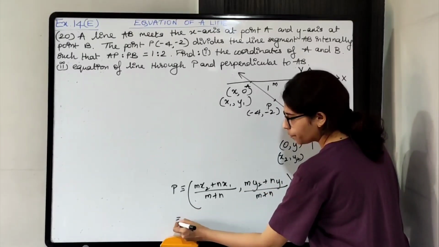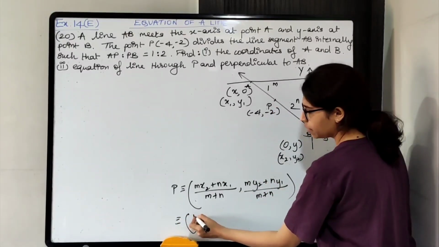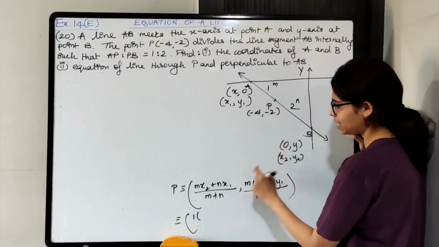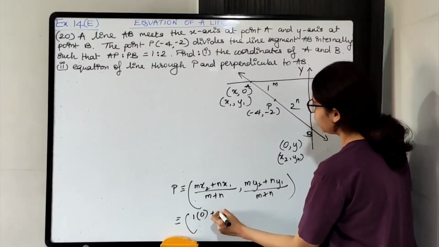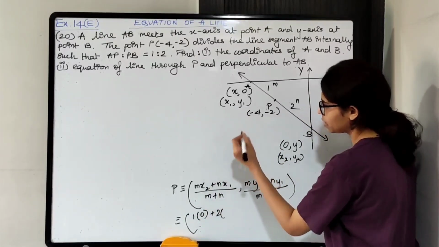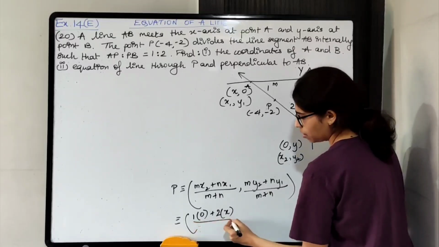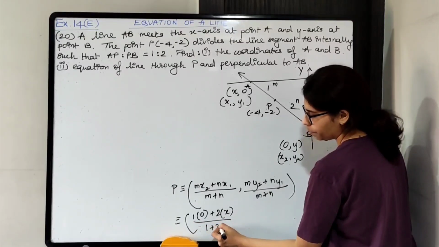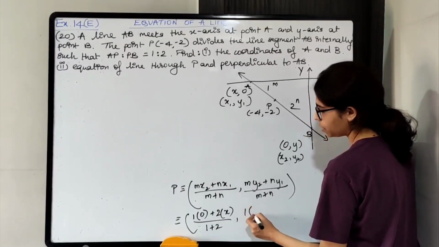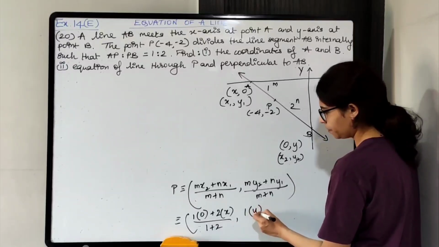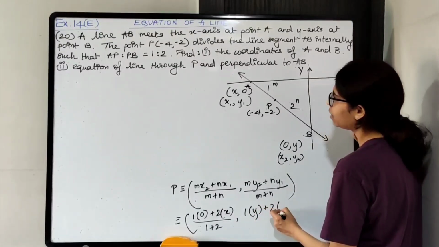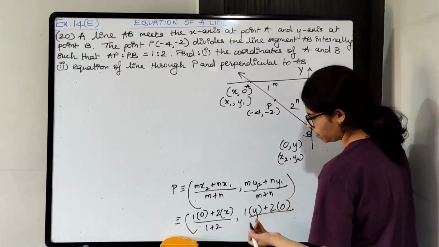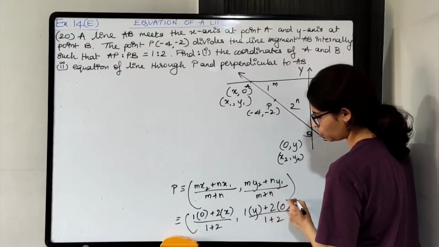Values put करो, m का value 1 है, so 1 into x2 is 0 and n is 2 into x1 is x upon m plus n is 1 plus 2. Same way यहाँ पे m is 1, y2 is y, n is 2 and y1 is 0 upon m plus n, that is 1 plus 2.